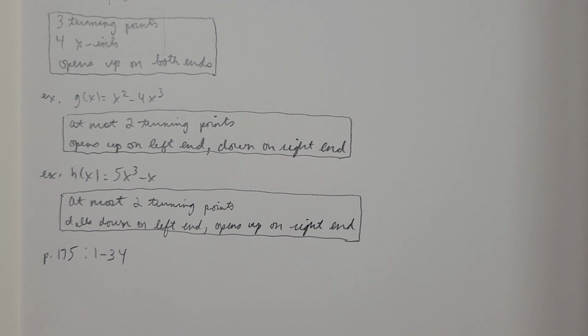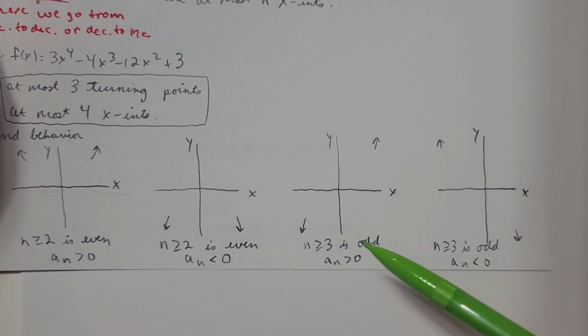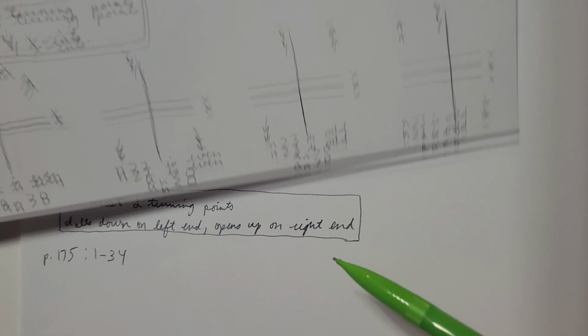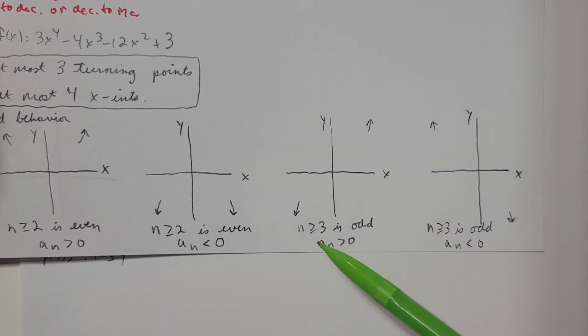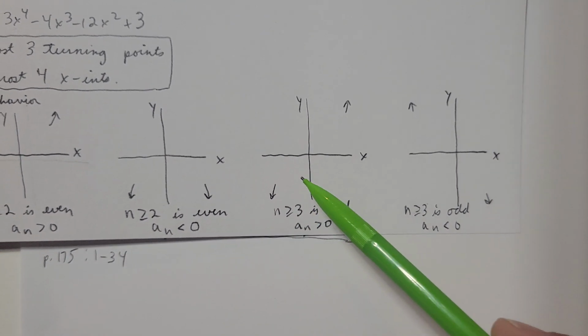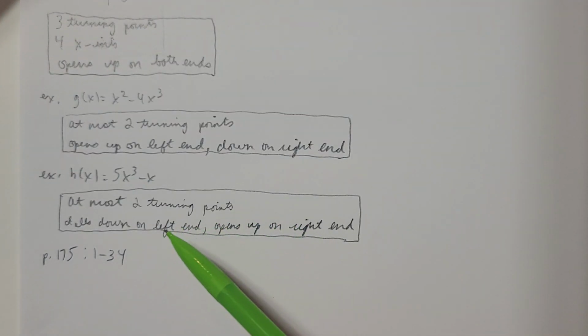And what's happening on both ends is that I'm going to be falling downward on the left and opening upward on the right. So very similar to y equals x cubed. So n is 3, right? We had a degree 3 polynomial. And a sub n is 5. That's a positive number. So I know I'm going to be opening upward on the right and downward on the left.